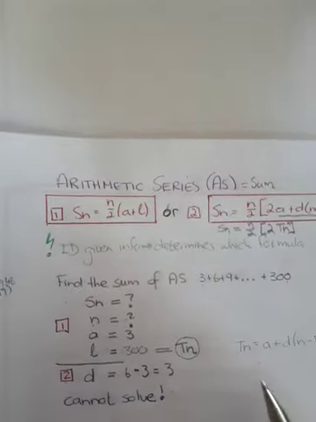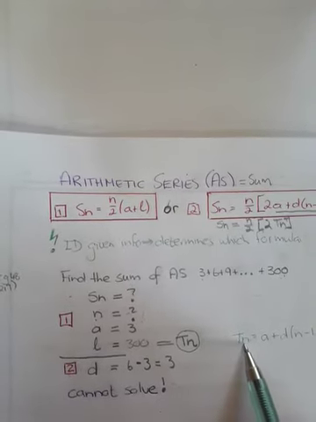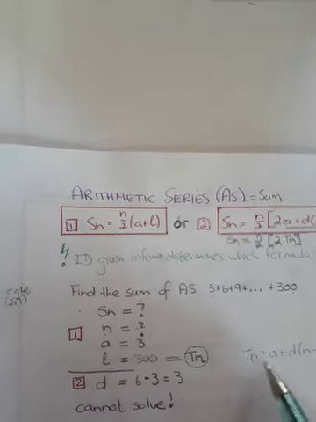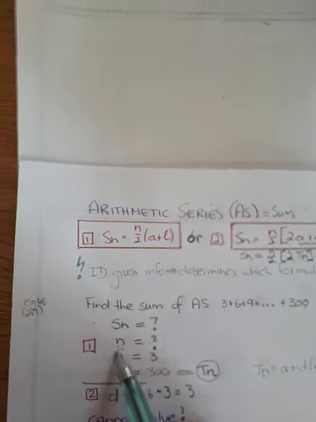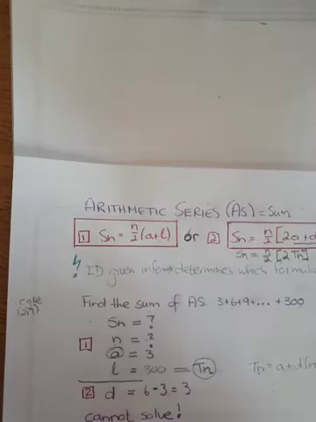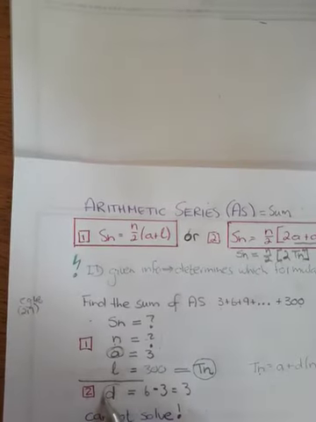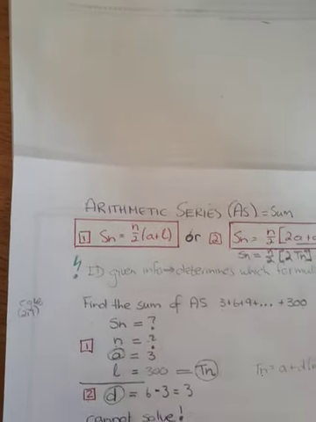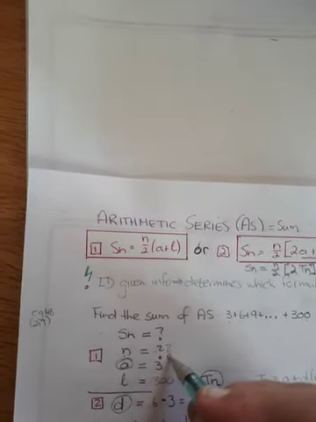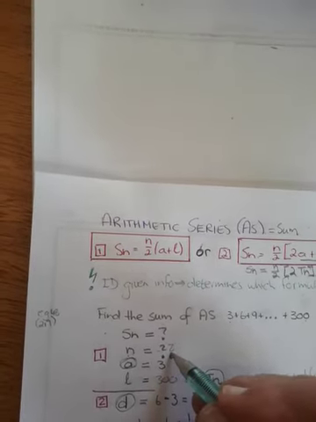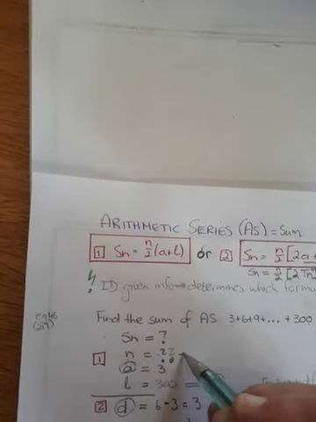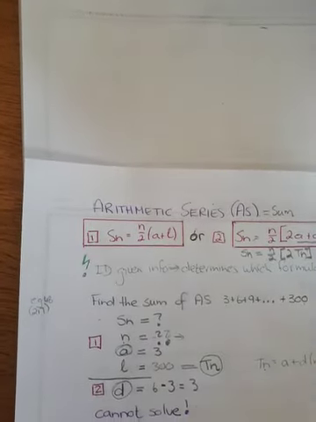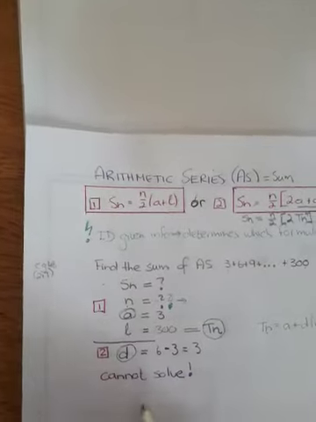Let's check whether we can find all the variables. We can find Tn, we already have a, we have calculated the difference d, and only n remains the variable. When I've got n, I can use my first formula.